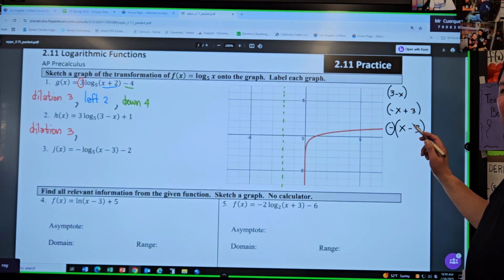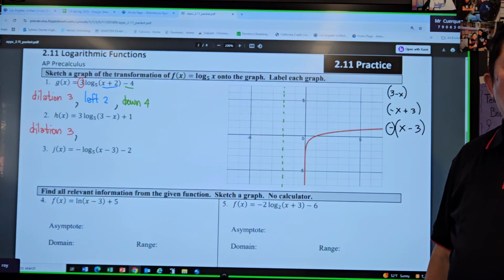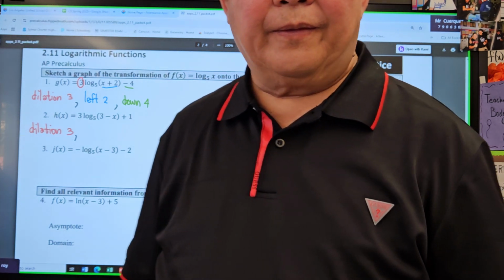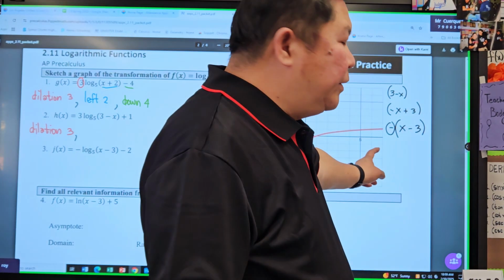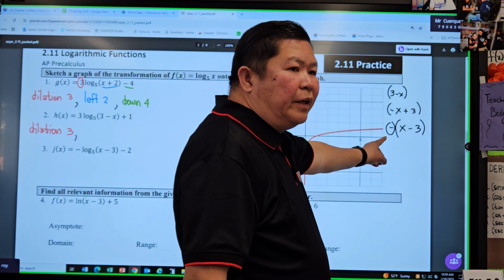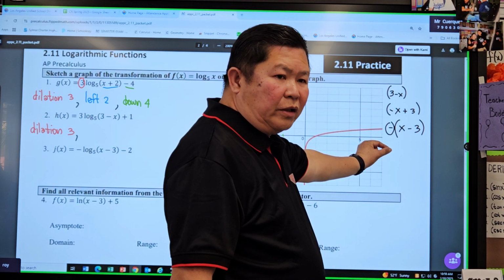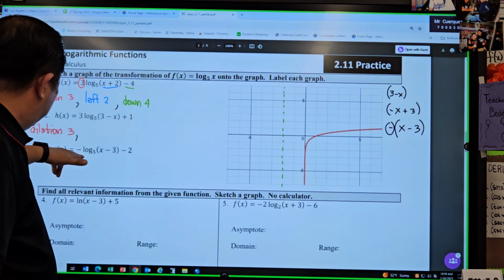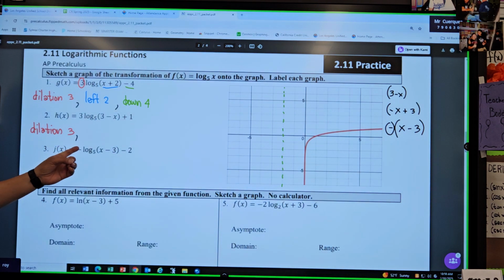If we factor out this negative, it now turns into horizontal reflection. Again, what does negative imply right here? This is horizontal reflection. But for number 3, where is the negative situated? A negative is before the logarithm. This negative right here in number 3 is the vertical reflection. Do you hear me, guys? This negative written before the logarithm is vertical reflection.